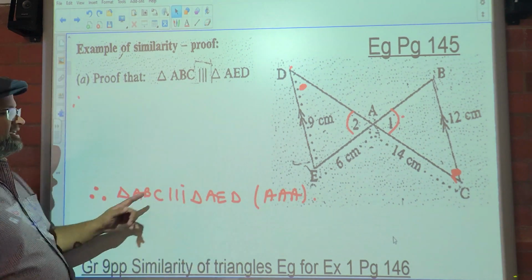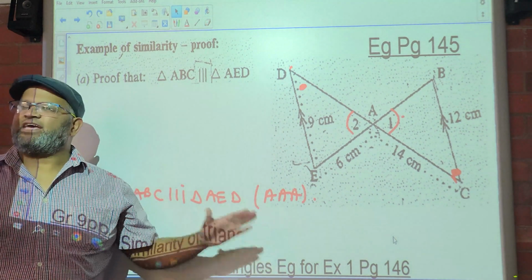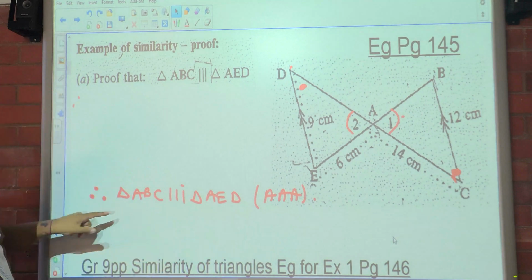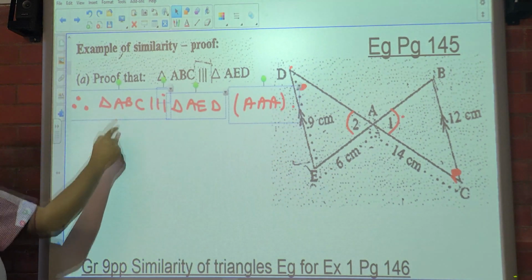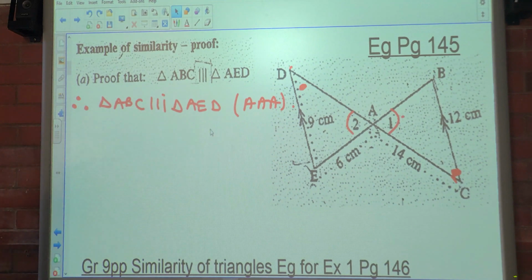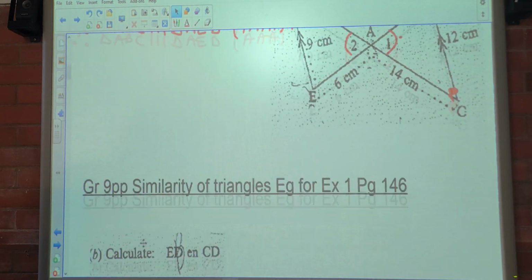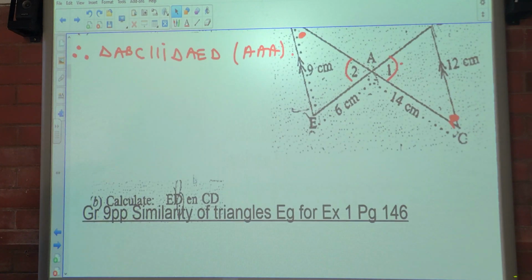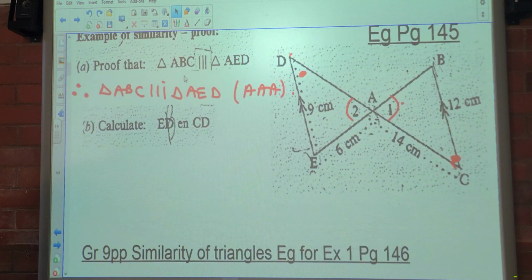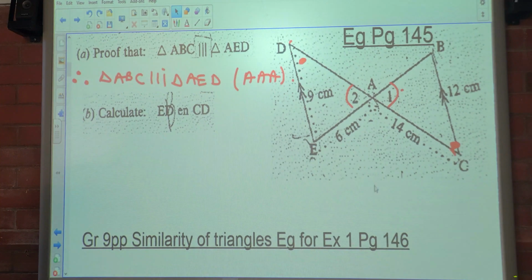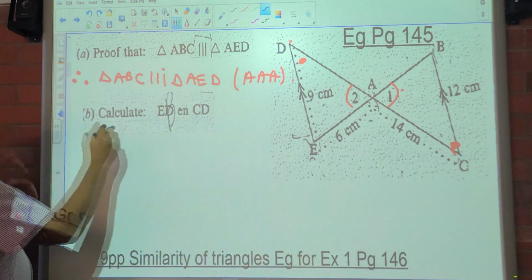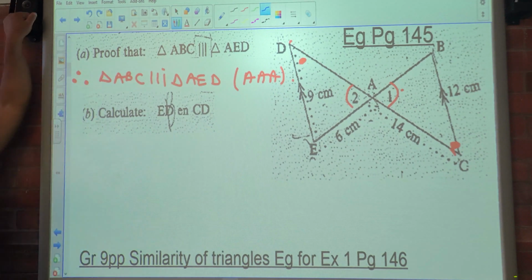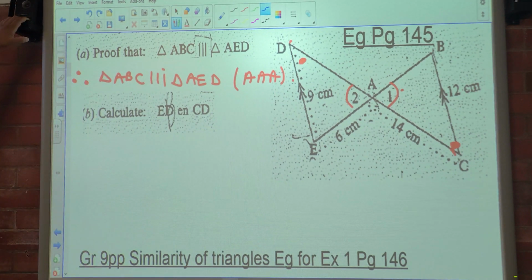Okay people, so what's the reason for similarity? Angle, angle, angle. So with that, from a similarity question, we always get a distance question. And this is where it gets exciting. People, from similarity, we conclude. If they are equiangular, the sides are in proportion.